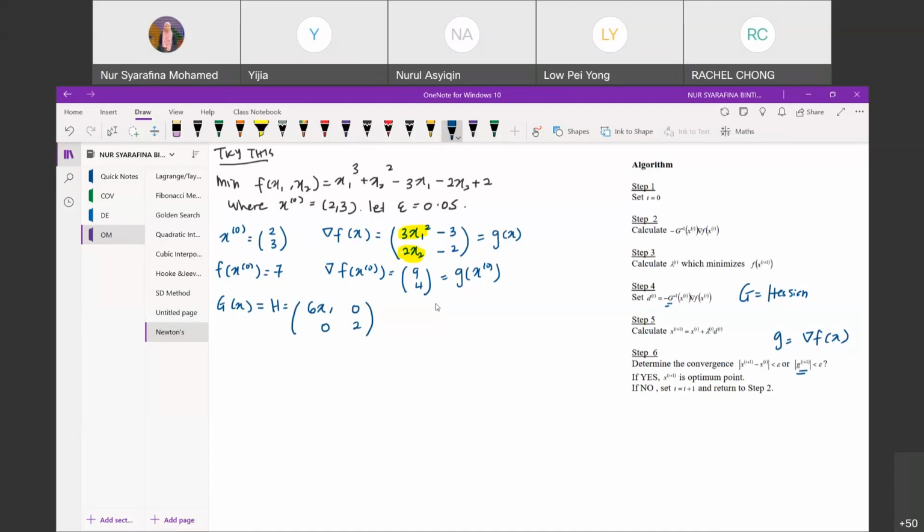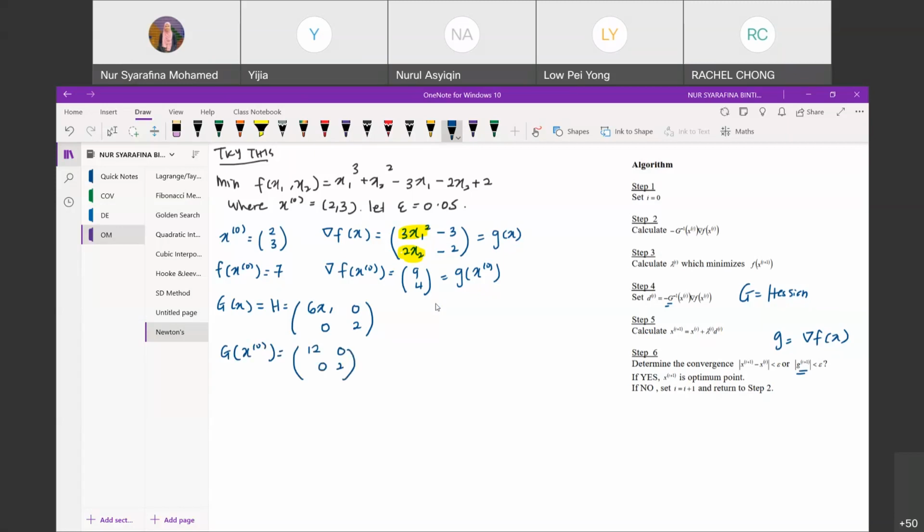And then your G at x naught, so substitute x naught here. It just has x1 there, so you just substitute 2 here. Then you have 12, 0, 0, 2.